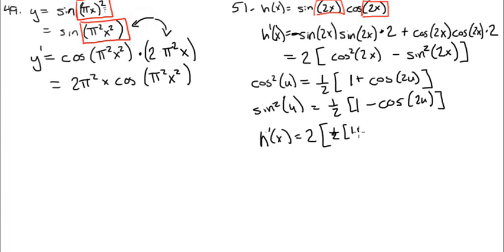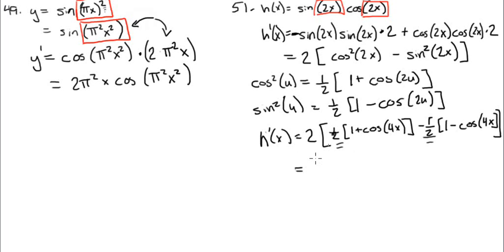So this is 1 plus cosine of 4x minus 1/2 times 1 minus cosine of 4x. Okay, I notice that I have a factor of 1/2 in both of these two terms. I'll factor it out, and notice that it will cancel with that too. So that kind of gets rid of that, so that's nice.